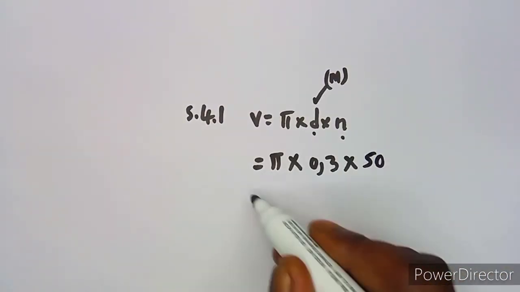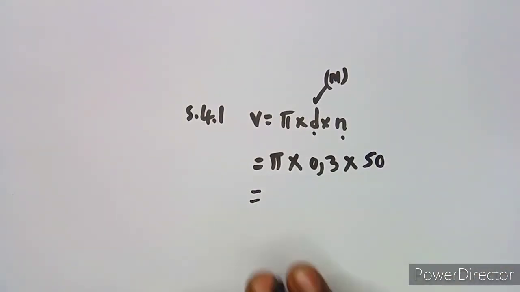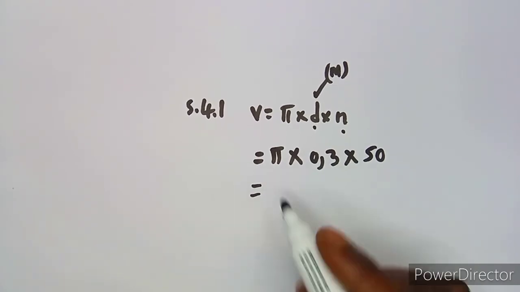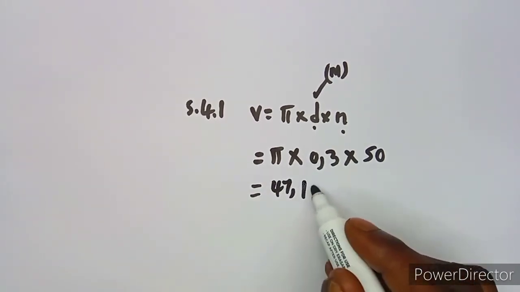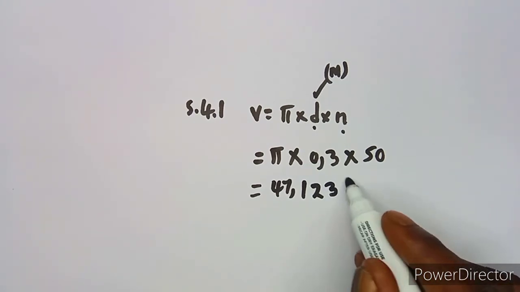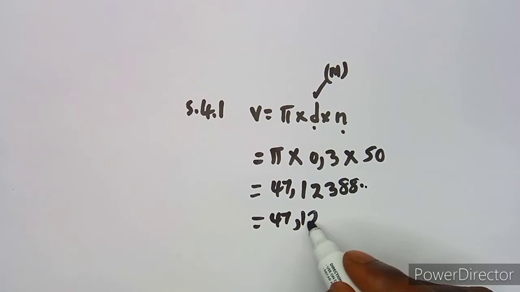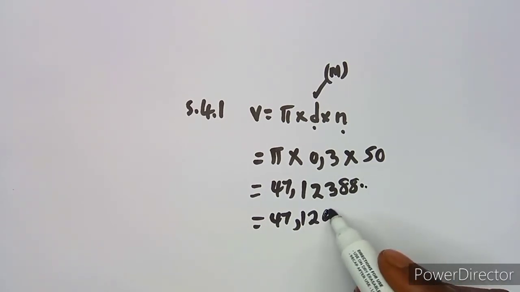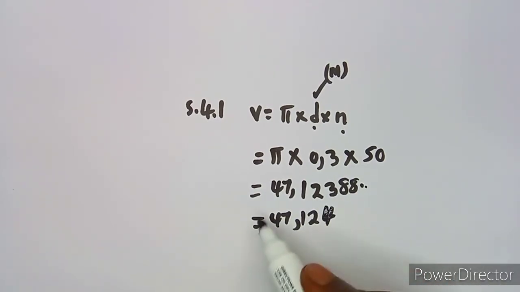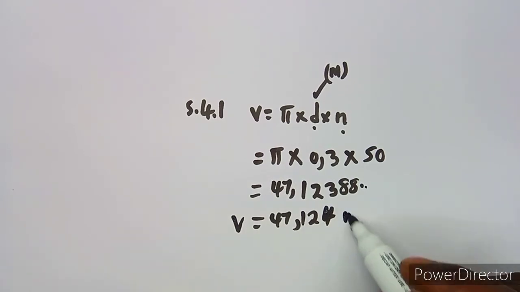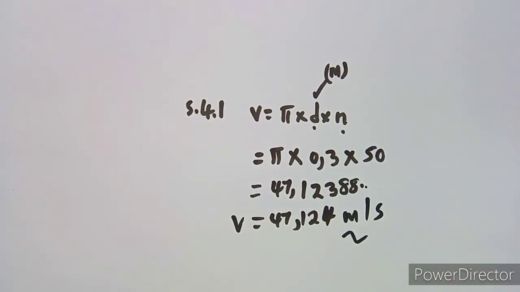All right, so I can just use my calculator as usual, guys, which means I'm going to obtain 47.12388, something like that, which is going to be 47.124. Normally I use my answers to 3 decimal places, guys, and this is velocity, which is measured in meters per second.